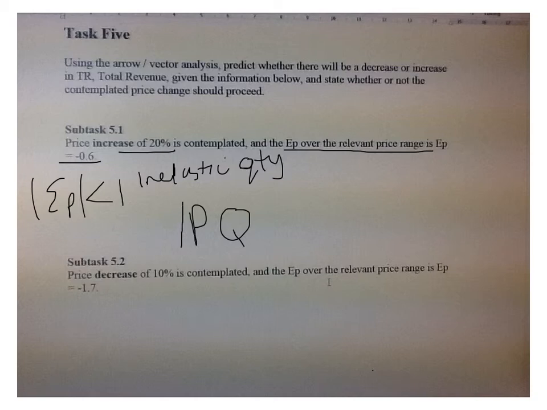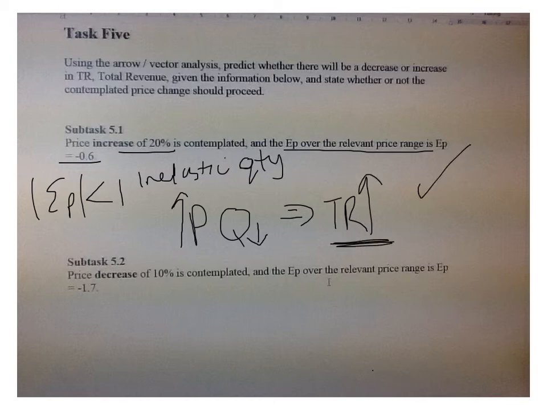Price is going up by 20%, but the percentage decrease in quantity is going to be less than that of price, so there's only a small change in quantity and it's coming down. The direction of the largest arrow shows what's going to happen to total revenue, therefore total revenue is going to go up. That's a good pricing move. It's generating more total revenue.